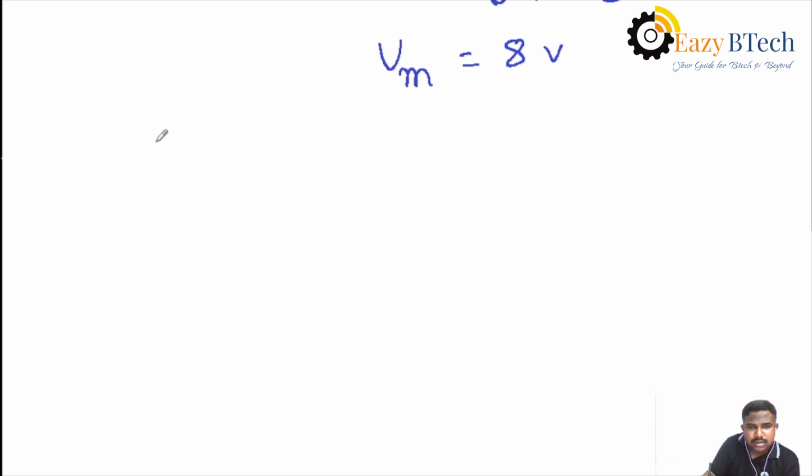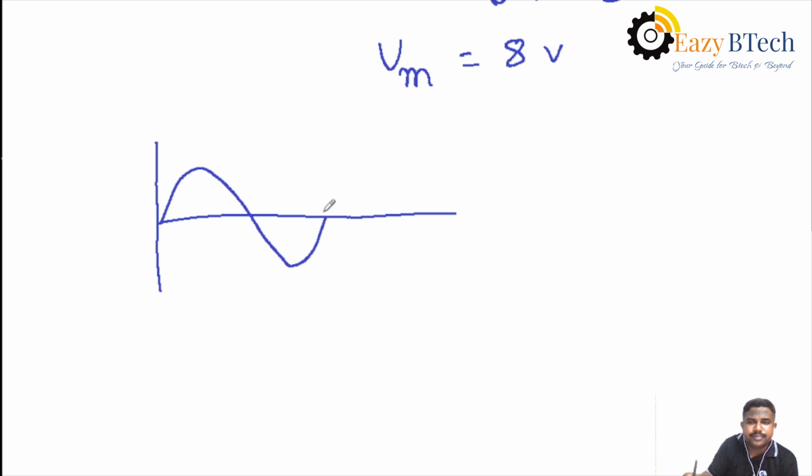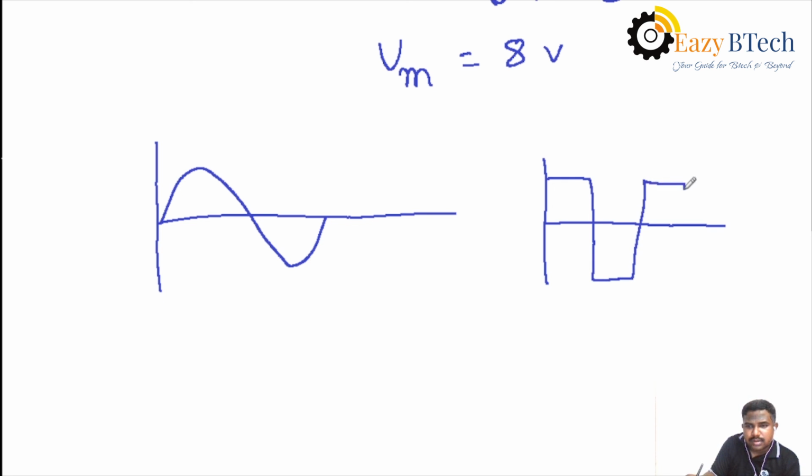The first one, most of the AC waveforms we are using, is sine. And in the problems also, this waveform is square and this waveform is sine waveform.